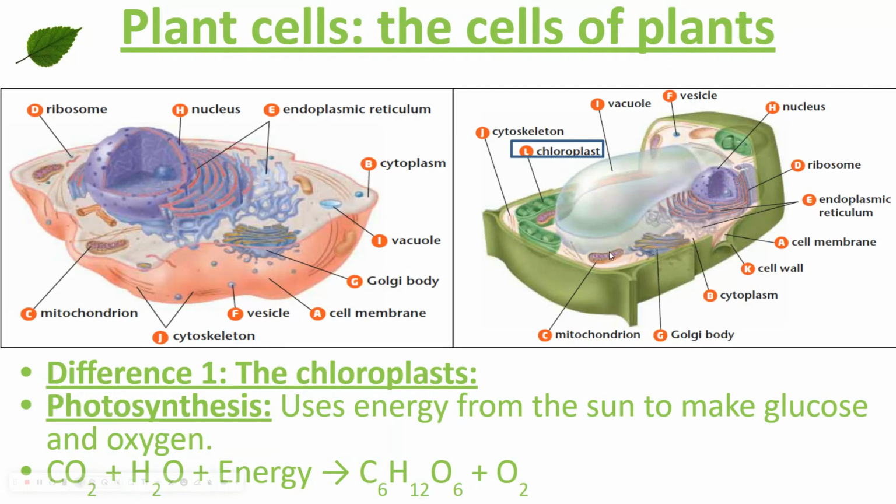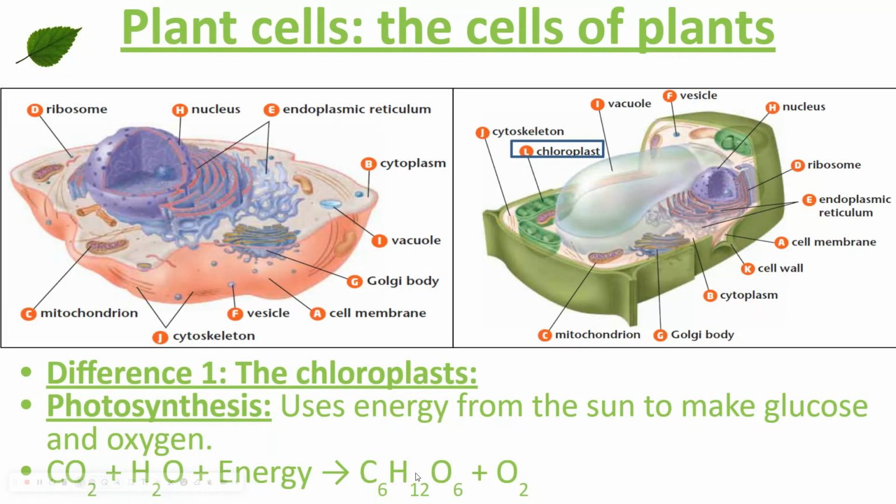So mitochondria, they would break down sugar to release energy. Chloroplasts sort of do the opposite. If you look at their equation here, the reaction of photosynthesis, the plant takes carbon dioxide and water and energy and puts it all together to make sugar. So rather than break sugar, the plant makes the sugar.